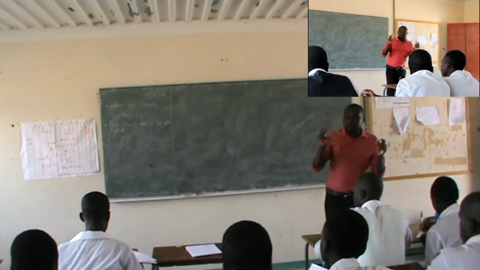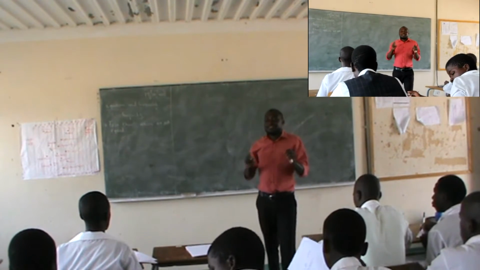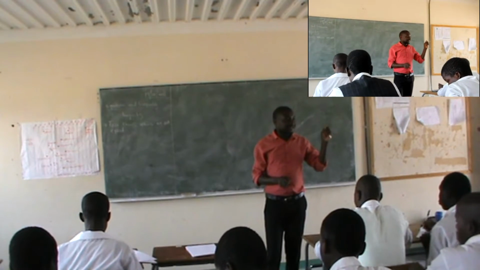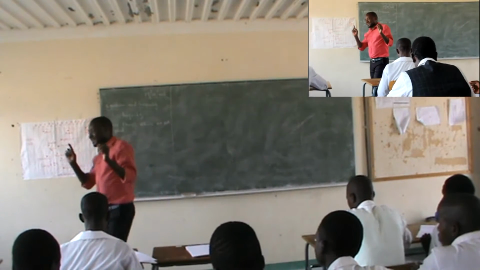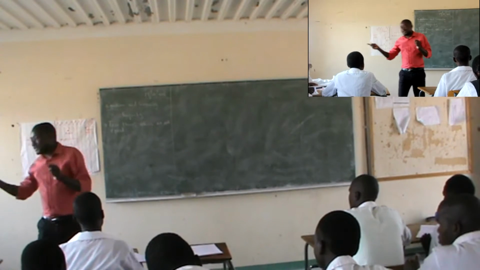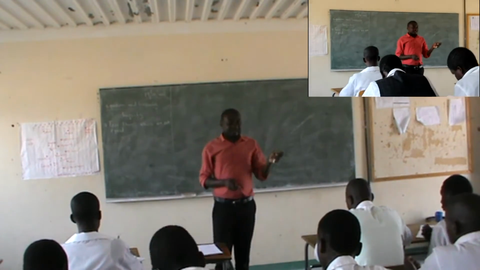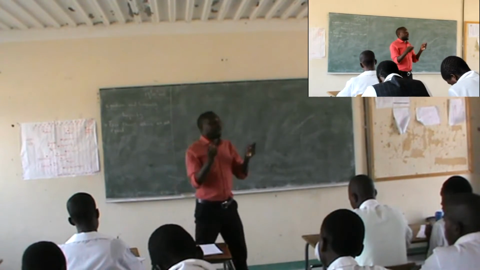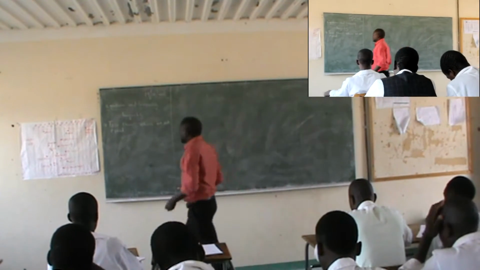If we are comparing two things and those two things are not equal, then it means one of the things should be less than, and the other one should be greater. That's what we are talking about, inequality. If you are comparing things, one should be less, the other one should be greater.